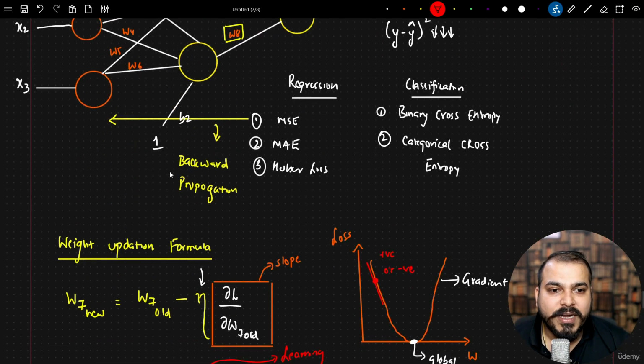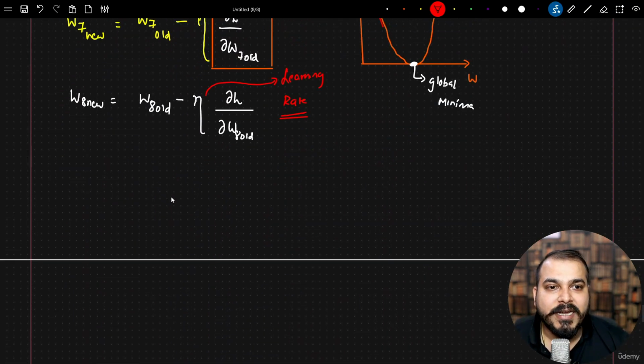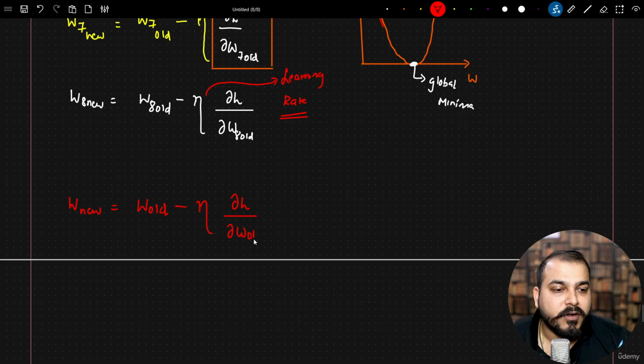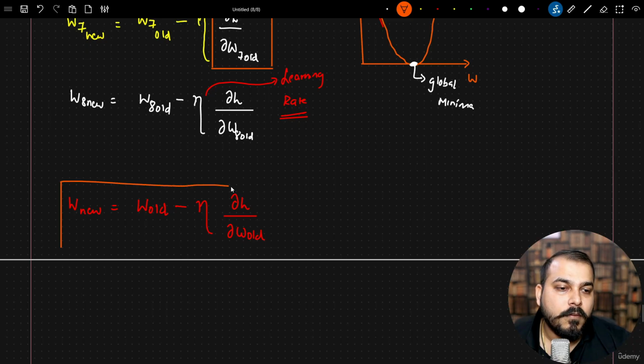Like this we have all the weights, and if I want to write a generic form, it is nothing but W new is equal to W old minus the learning rate times the derivative of loss with respect to W old. So this entirely is my weight updation formula.